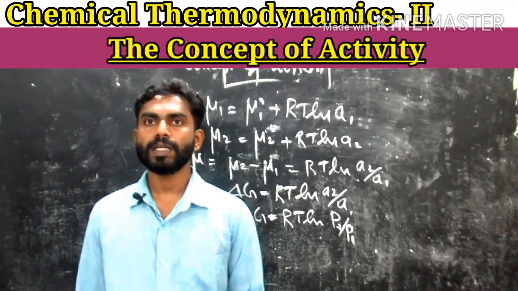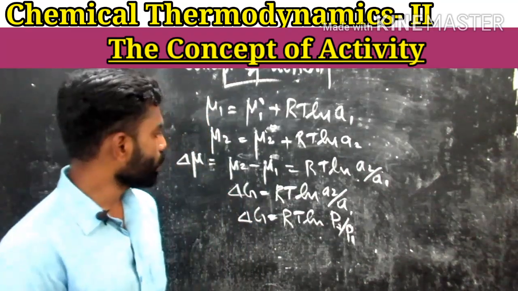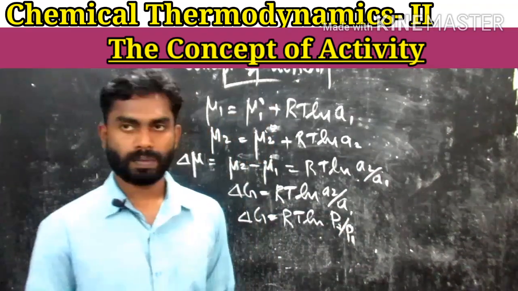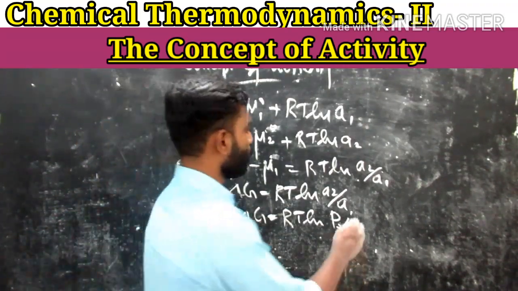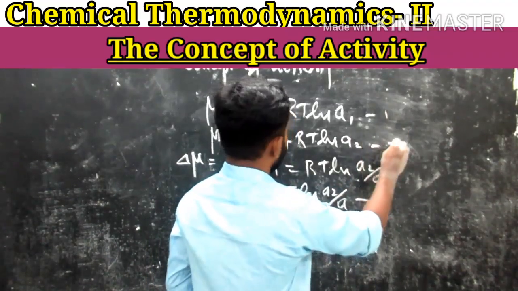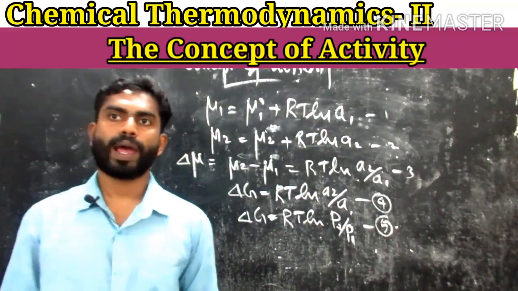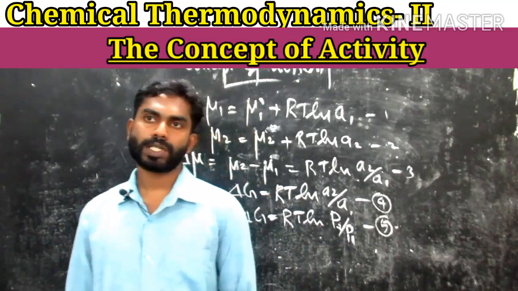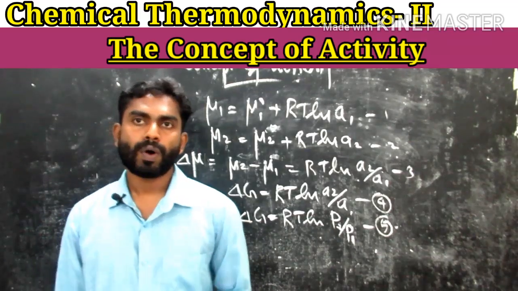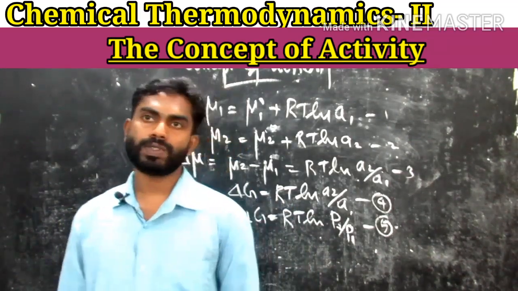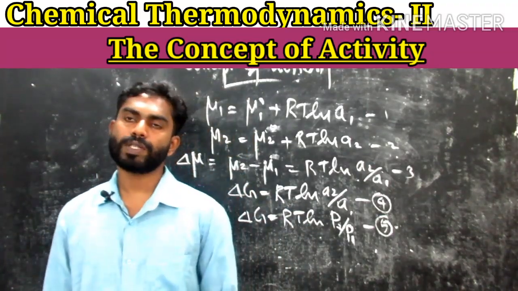Then a comparison of equations 4 and 5 shows that the pressure terms in equation 4 are replaced by the corresponding activity in equation 5. In other words, the activity is the thermodynamic counterpart of its pressure.